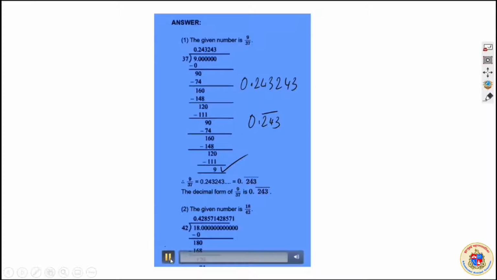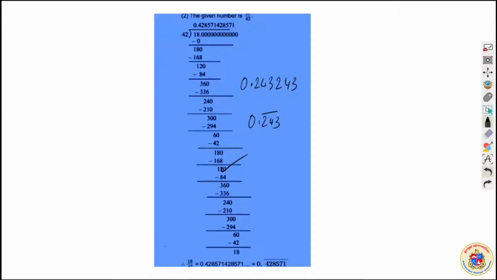Let us go ahead with some more examples. The second example is dividing 18 with 42. 18 to be divided with 42.